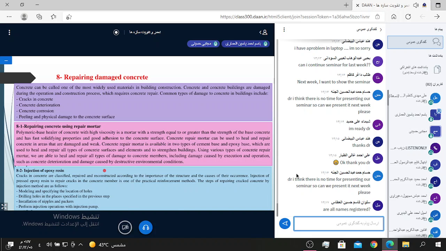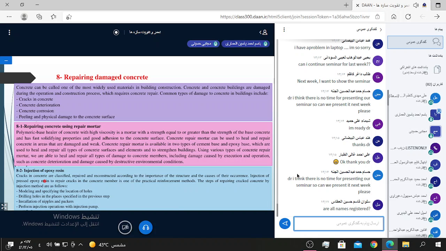Concrete repair mortar is available in two types, cement base and epoxy base, which are used to repair all types of concrete and elements, able to repair all types of damage.